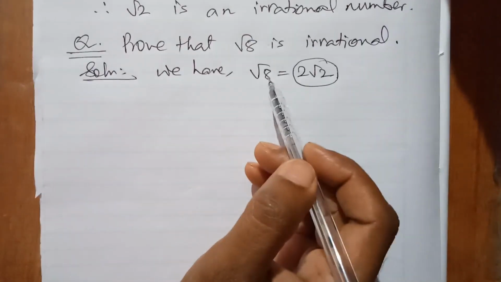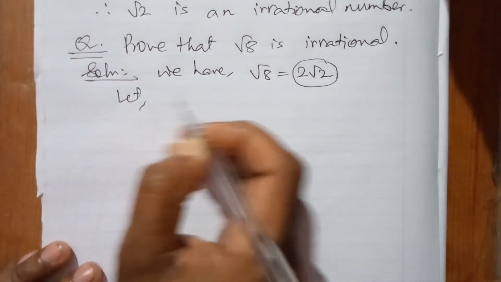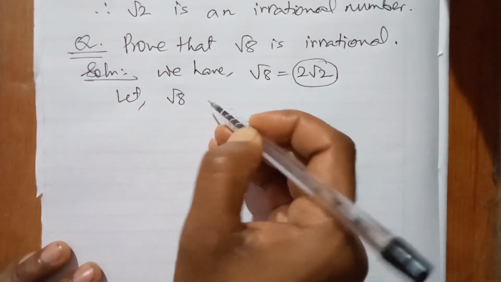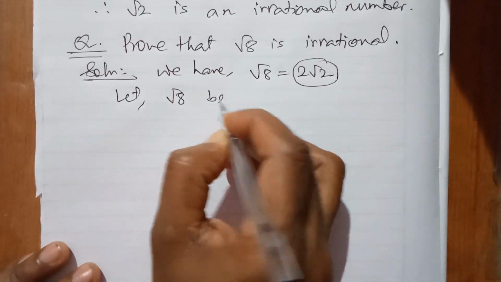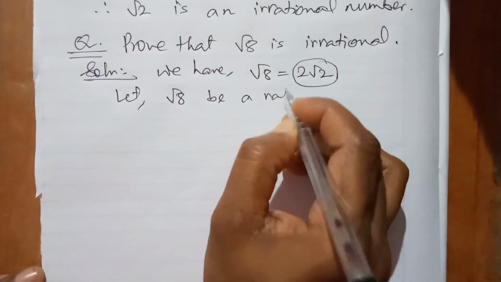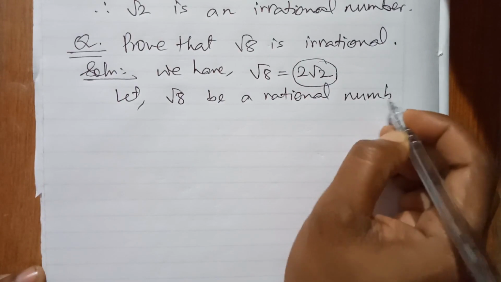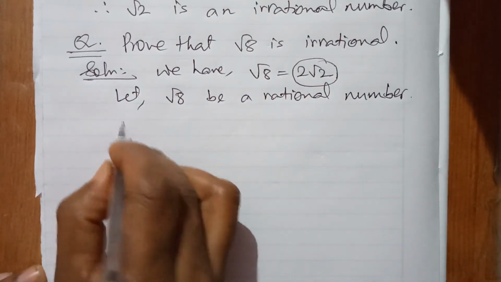Again here also you have to apply the contradictory method. So write, let root 8 be a rational number.